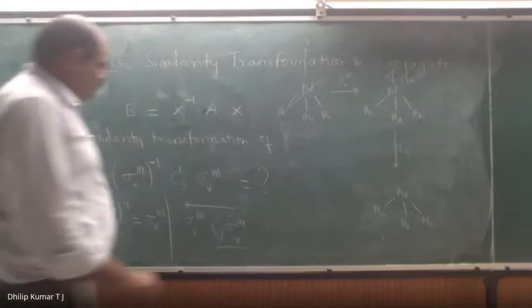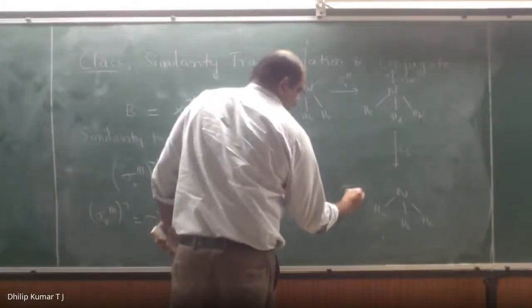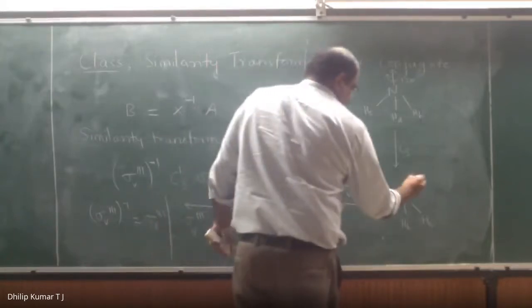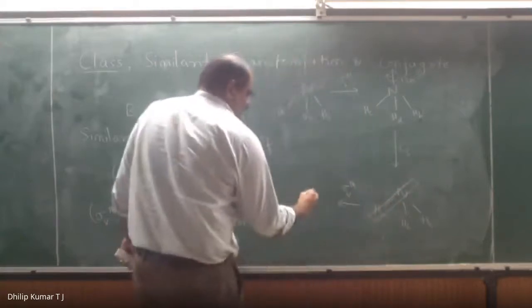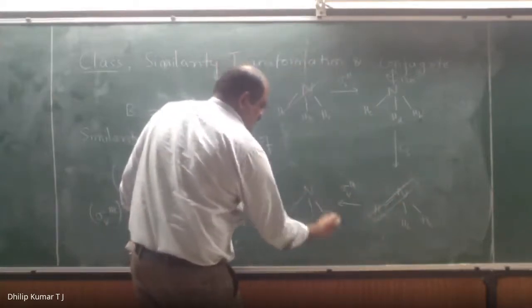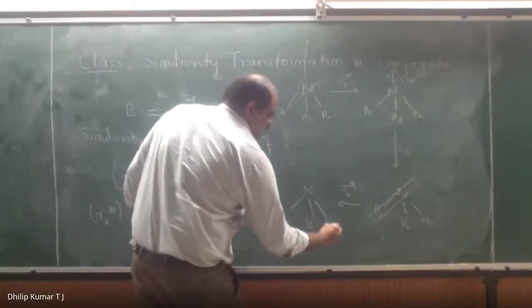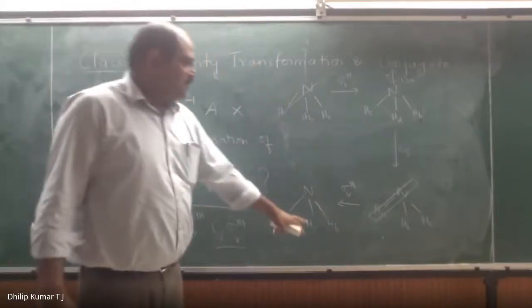Now again I perform sigma V triple prime from this side. Place it. Nitrogen, HA, HC, HB. So I got this as the final structure.